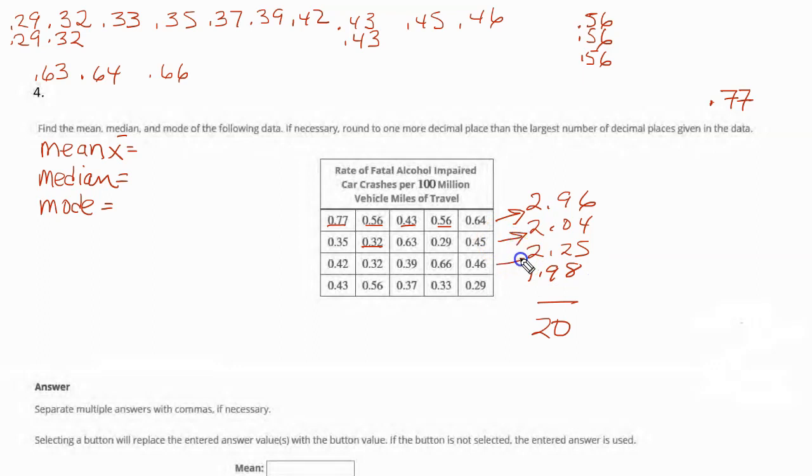That would be these rows here. And when I add them all up, I get 9.23 that I'm now going to divide by 20. And then that's going to give me my mean, which is 0.4615.